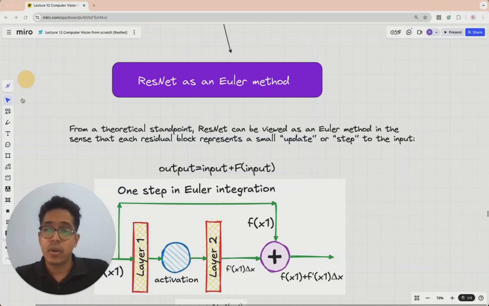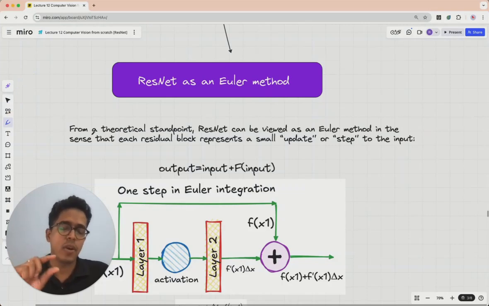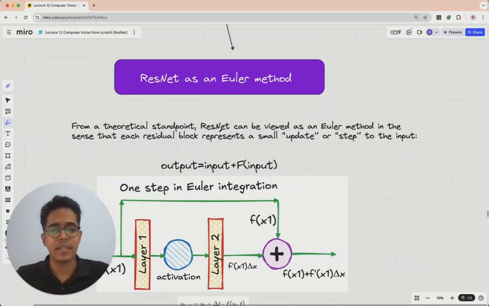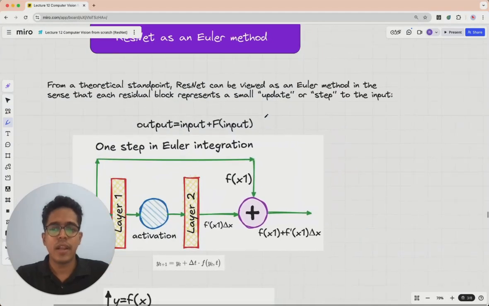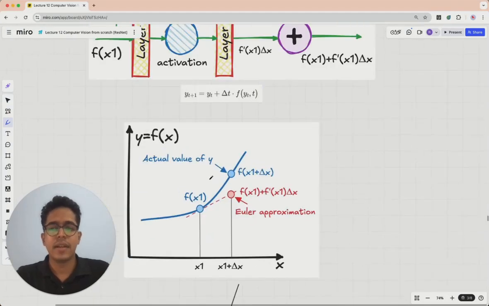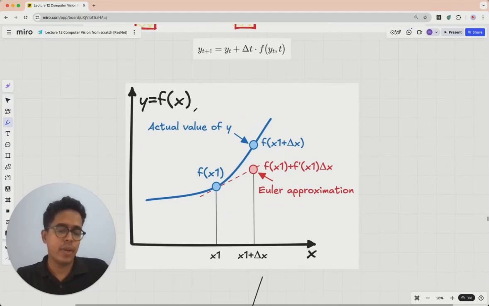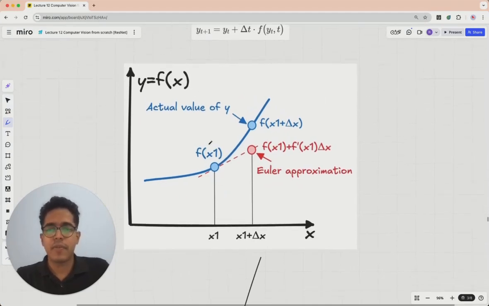An interesting consequence of the residual skip connections in ResNet is that it can also be used as an Euler integration method. So in the Euler method, we have something like this, right? We have y equal to f of x, and we might know f of x at x equal to x1.